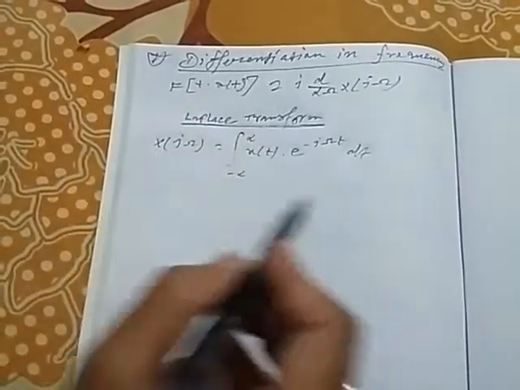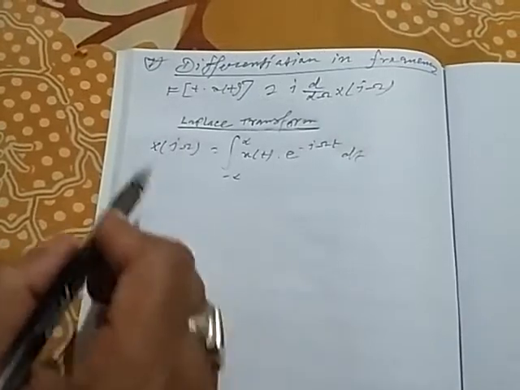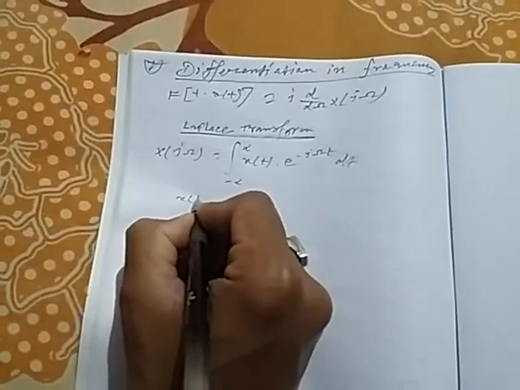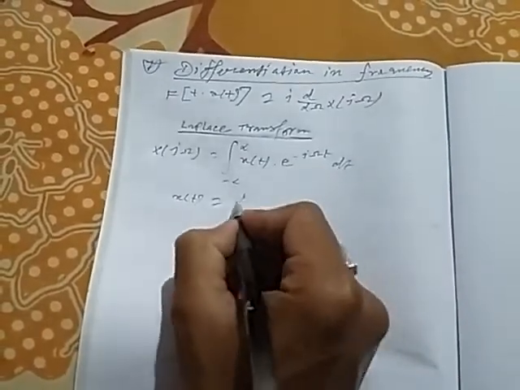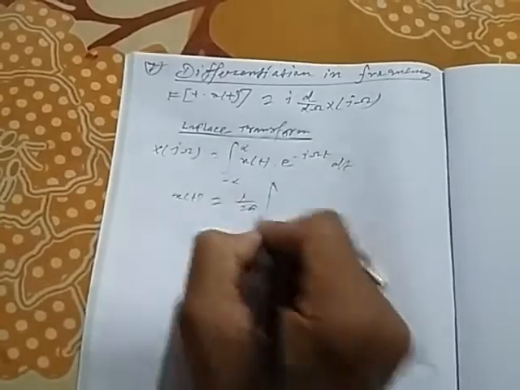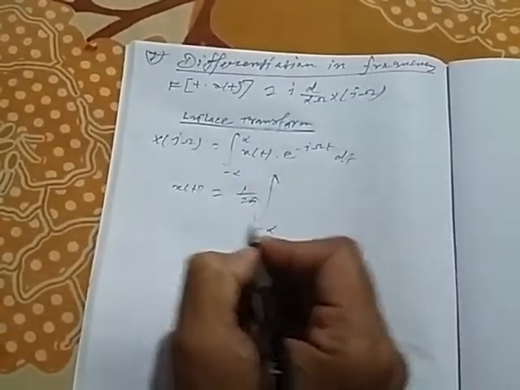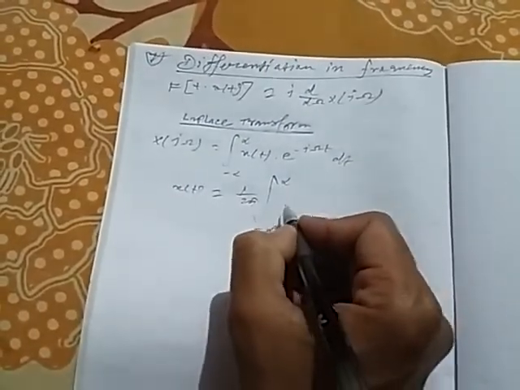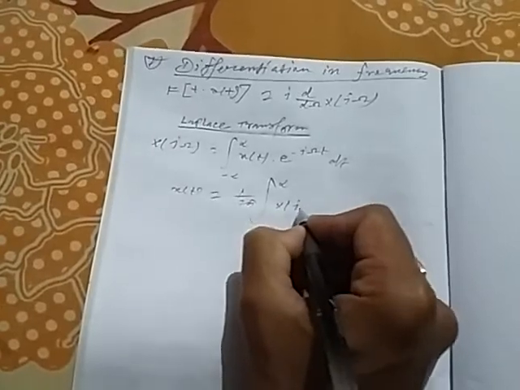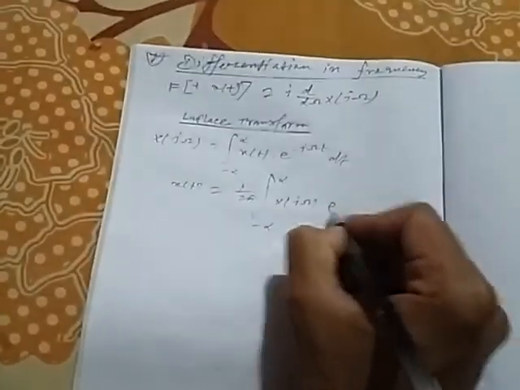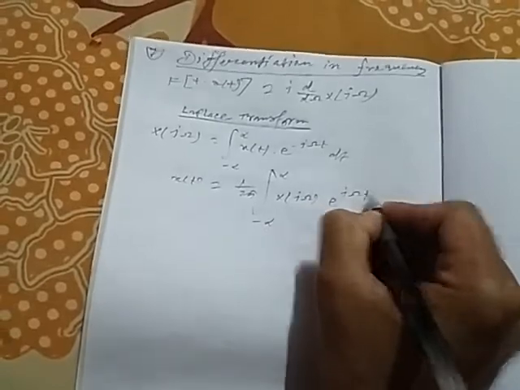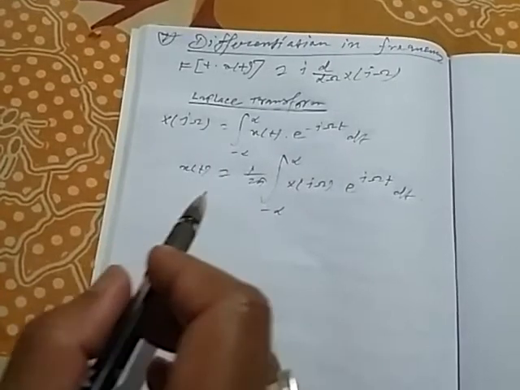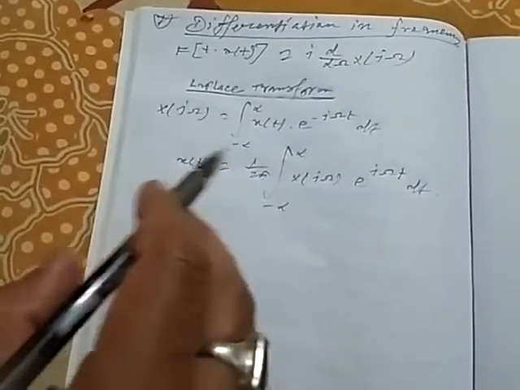So this is the Fourier transformation of any function x(t), and the inverse Fourier transformation x of t can be obtained from capital X of j omega by this formula, that is 1 by 2 pi integration over minus infinity to infinity capital X of j omega into e to the power j omega t d omega. So these are the Fourier transformation pair of any function x(t).